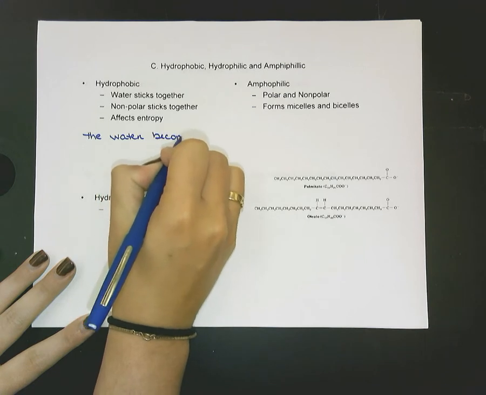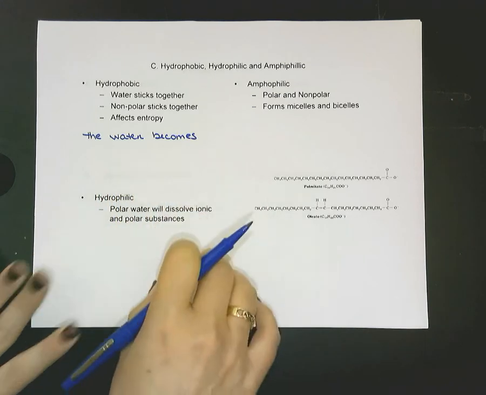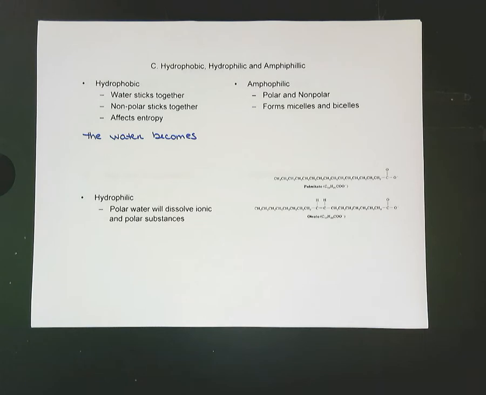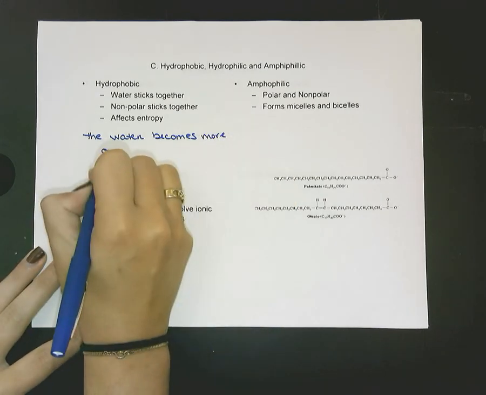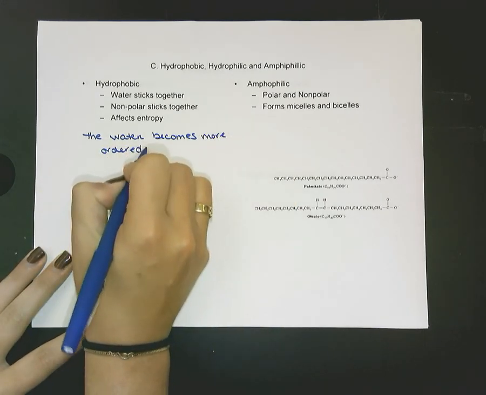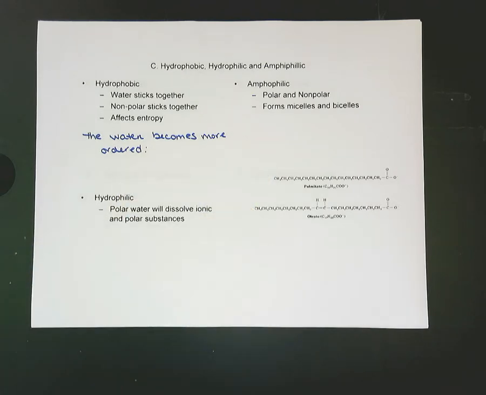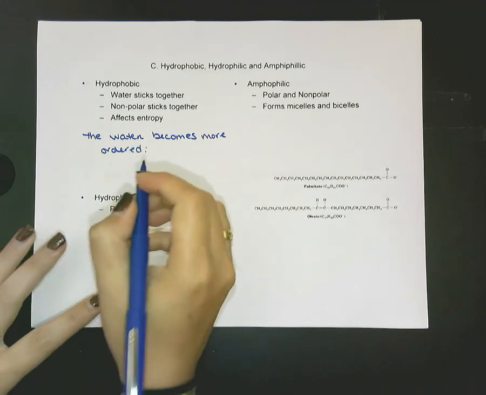So when we think about what's happening to the water, if the water is choosing to all aggregate with itself, is the water becoming more or less ordered? More ordered. So is that increasing or decreasing our entropy? Decreasing our entropy.